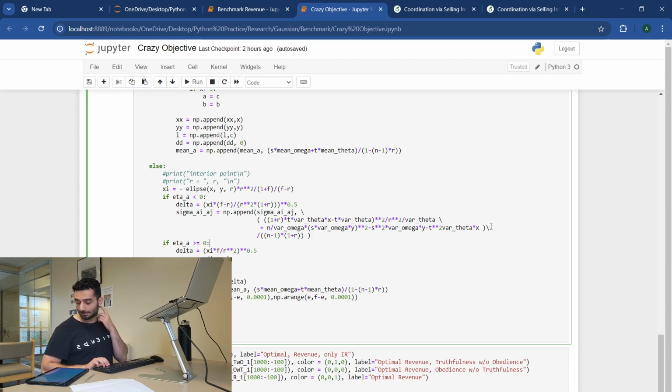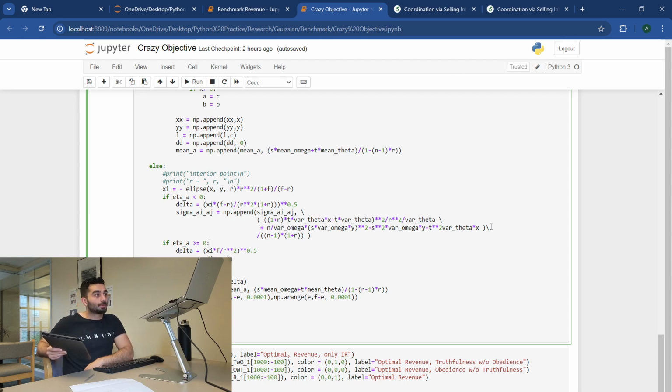Eta is greater than 0, second PST. If eta is negative, which one I wrote? If eta is negative, second PST is binding. So it will have 1 over n minus 1 r, 1 plus r.